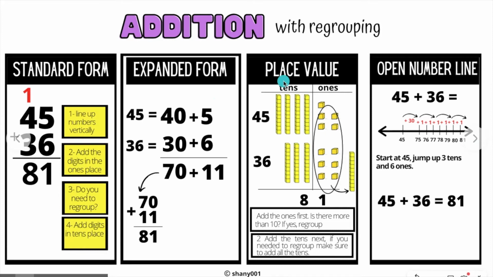You have a visual way, a place value, where you can draw and use tools to help you add. You have the open number line, which has a number line. You can jump as needed. It's easiest to jump by tens and ones. Let's look at these a little bit closer.